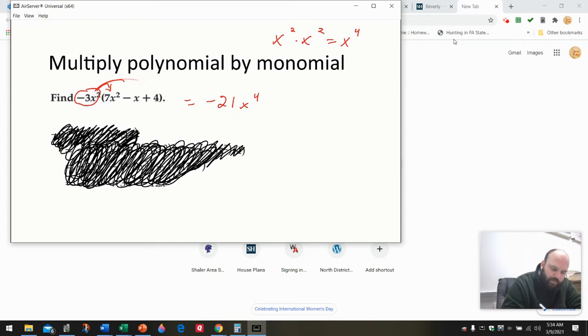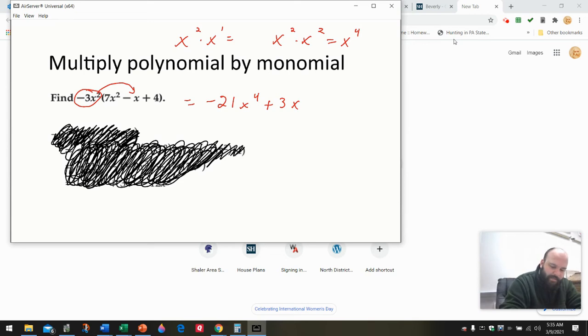So what I just did is I took negative 3x squared and multiplied it by 7x squared. Now I'm going to take that same negative 3x squared and multiply it by negative x. So negative 3 times negative 1 is positive 3. Then we have x squared times x, which is x squared times x to the 1st, so we add the exponents and we get x to the 3rd power.